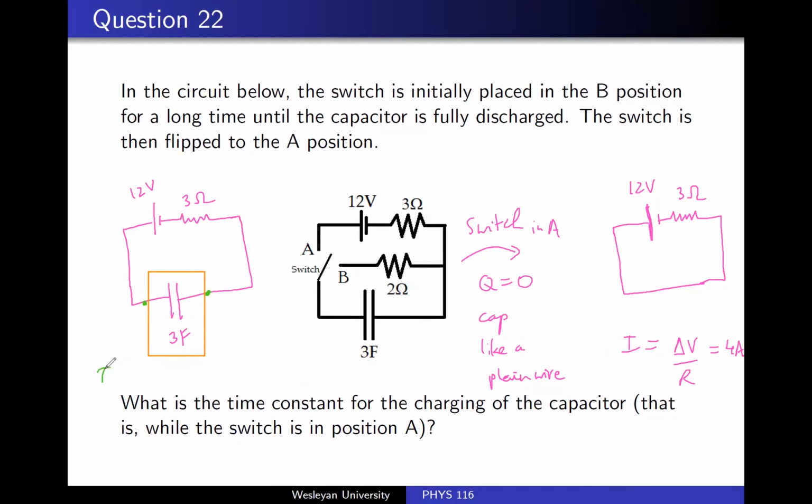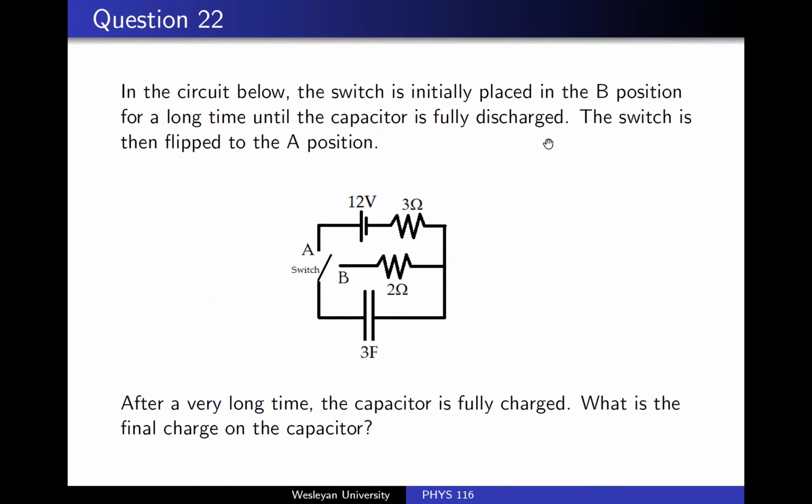And so we have tau is equal to R effective times C effective. And so that's 3 ohms times 3 farads, which is 9 seconds, the time constant for the charging of the capacitor.